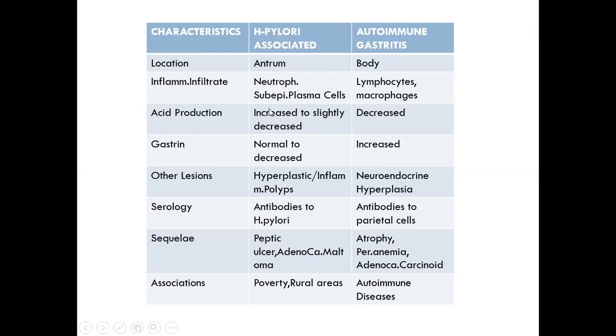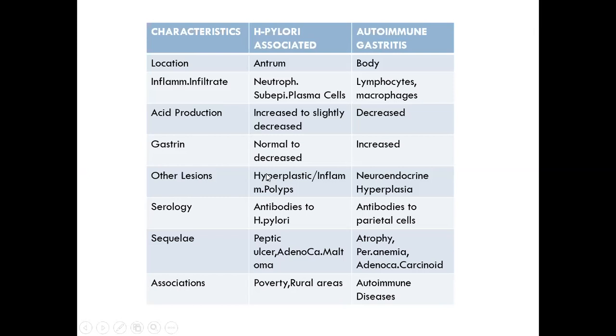Acid production is increased or sometimes slightly reduced in H. pylori associated gastritis, but it is markedly decreased in autoimmune gastritis. Gastrin level is normal to decreased in H. pylori associated gastritis, and gastrin is increased in autoimmune gastritis.